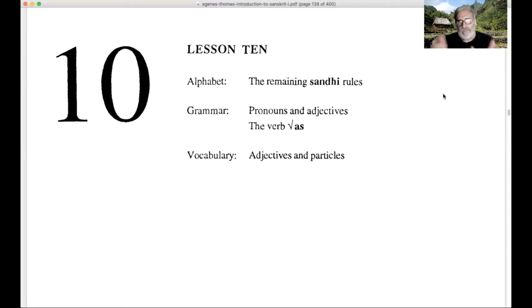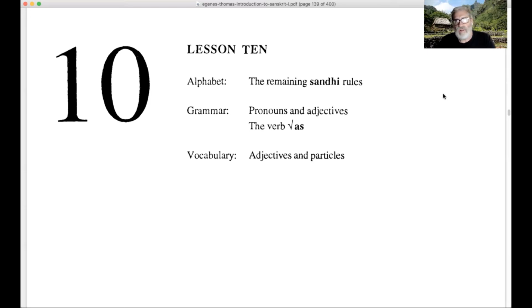And there are different types of pronouns also, as we'll see. There are demonstrative pronouns, there are interrogative pronouns. There are so many different types. Interrogative pronouns are used to start questions. Demonstrative pronouns are used to indicate this and that. And adjectives: in Sanskrit, there's very little difference between an adjective and a noun.